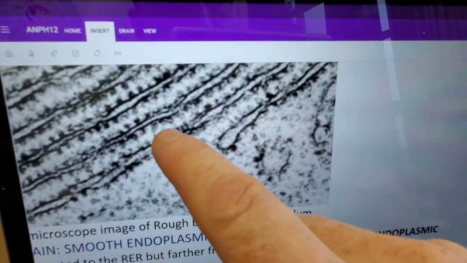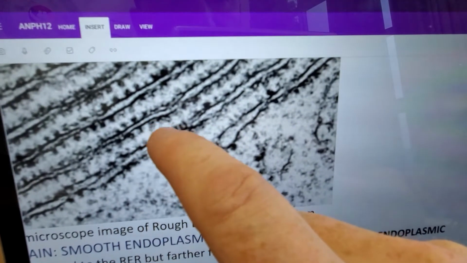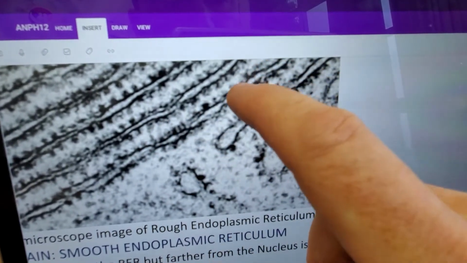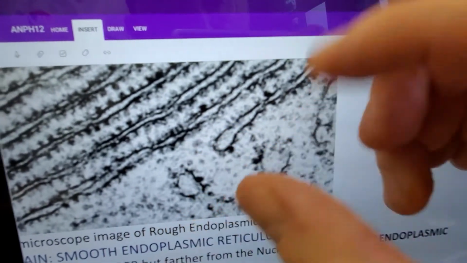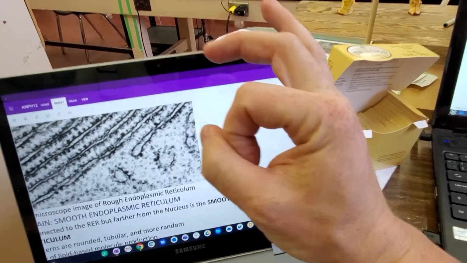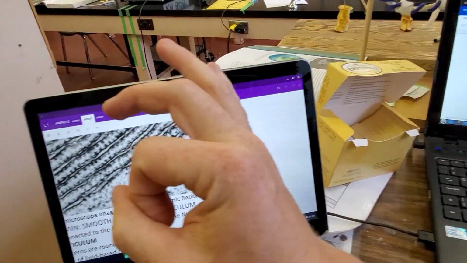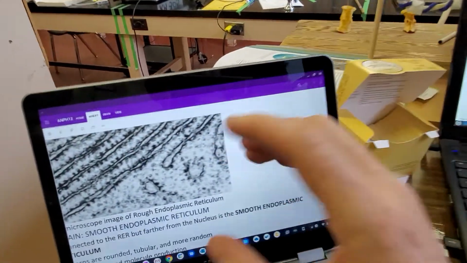So there's the stacks. There's probably the cistern, the inside area, and stuff is being made in there. And then what happens is it'll pinch off. The membrane will pinch off, and that's called blebbing. And a little vesicle will go off with the proteins inside it, with the peptide chains inside it. That primary, secondary structure will be inside those little things, and it's blebbing off.